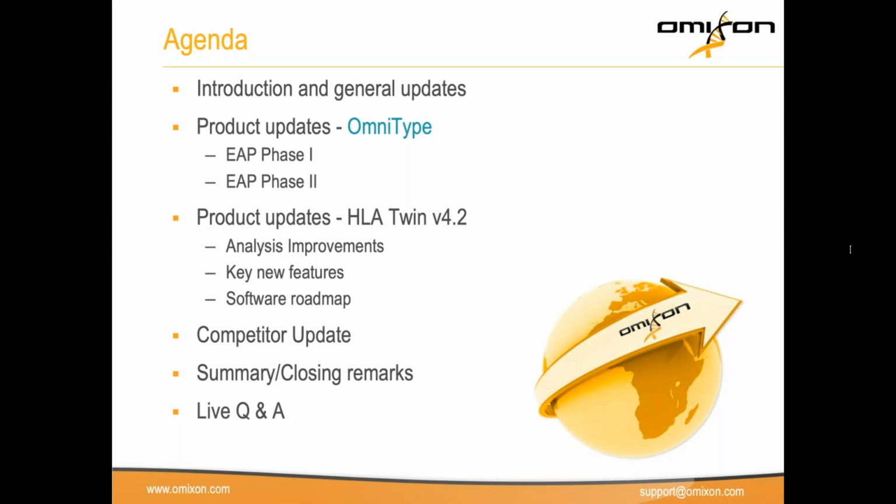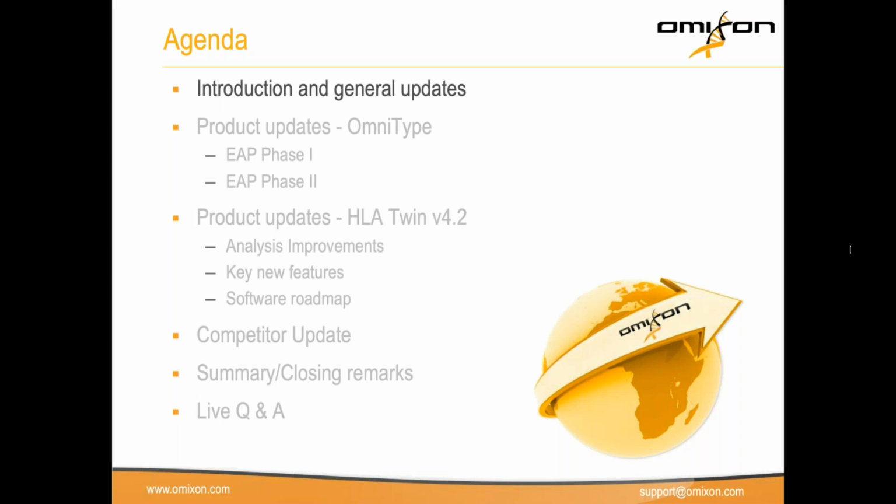Mind you, a lot of the competitor information obviously is based on what we currently know. There are certain delays due to the COVID pandemic, but this is to our best knowledge right now. And of course, we will be finishing off with a summary, closing remarks, and a live question and answer, so we can answer any questions you may have. So let's begin with an introduction and general updates at this point.